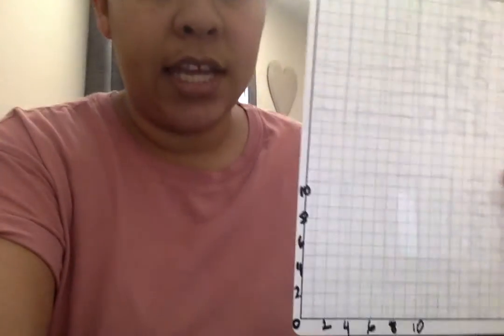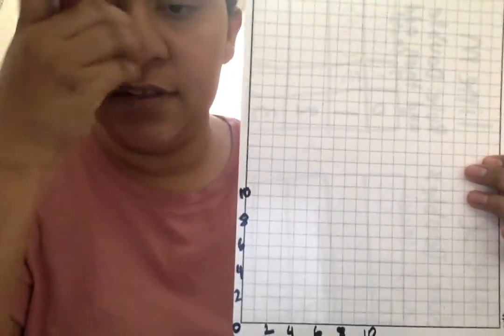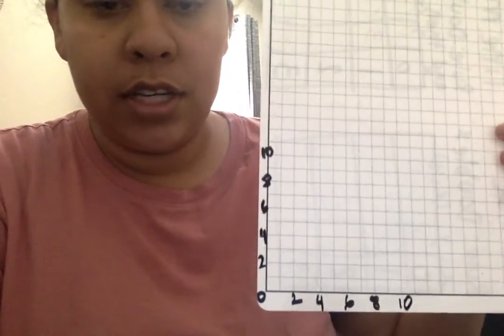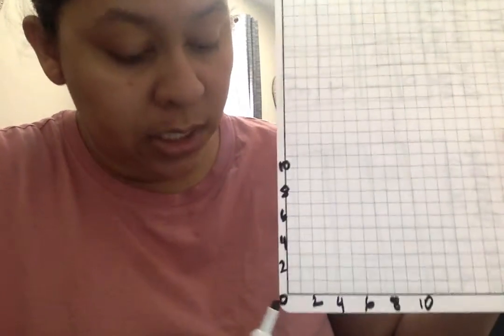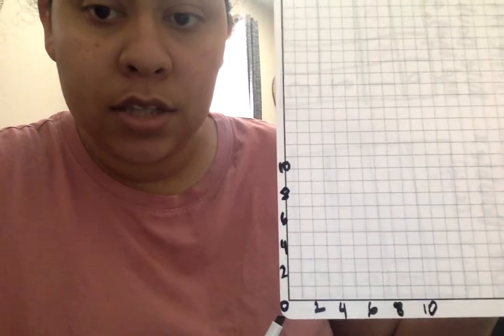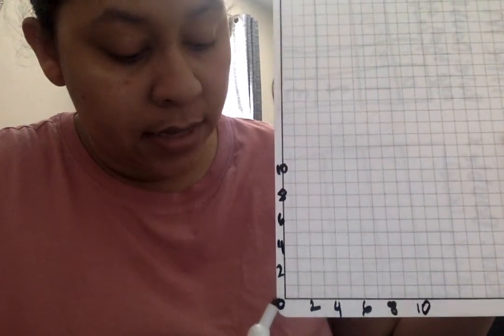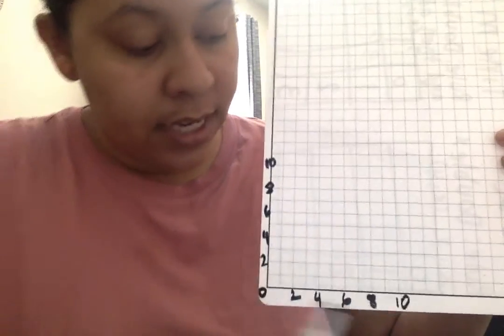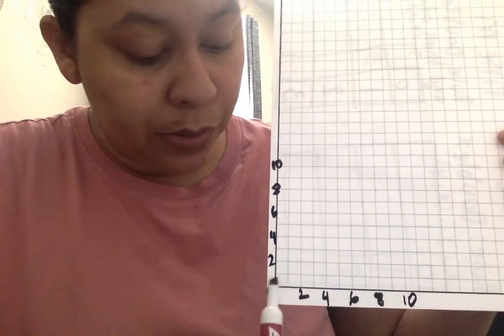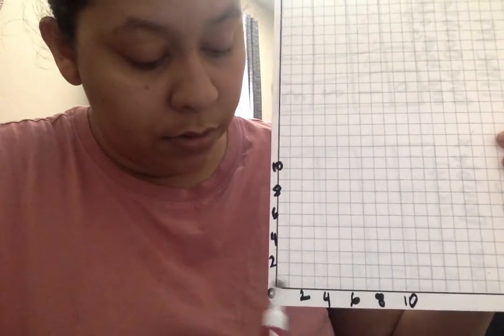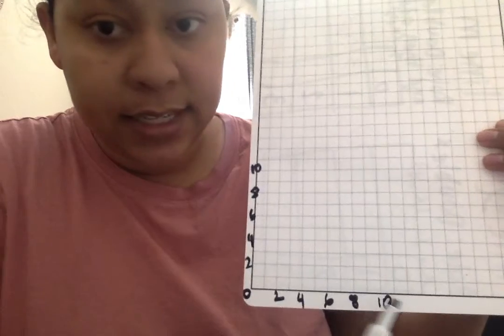So now part A says, draw each line on the coordinate plane above. So my coordinate plane's right here. On the coordinate plane it starts 0, 0. Here's the origin in the corner right here. So then the x-axis is counting by 2's, but it's skipping every other line. So 2, 4, 6, 8, 10.